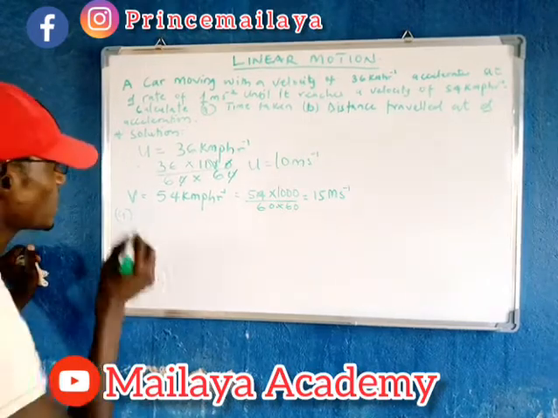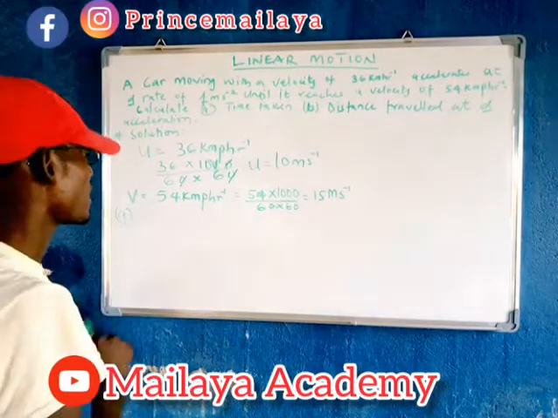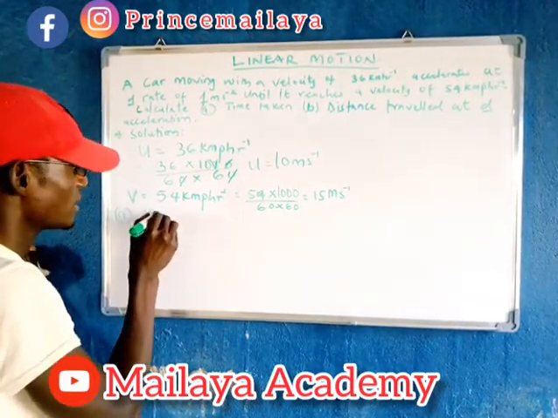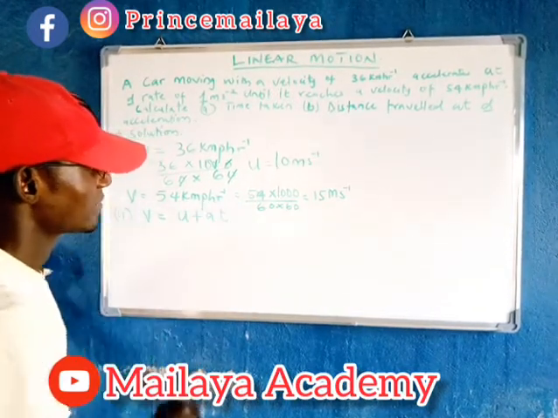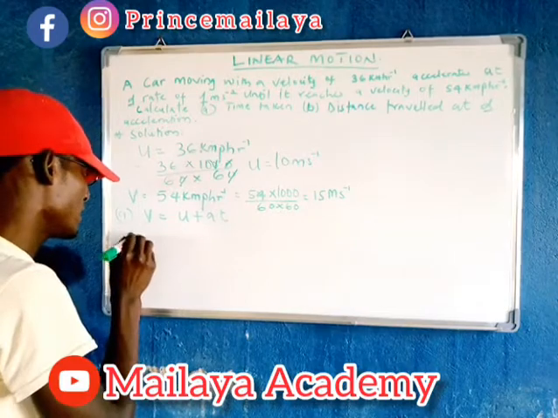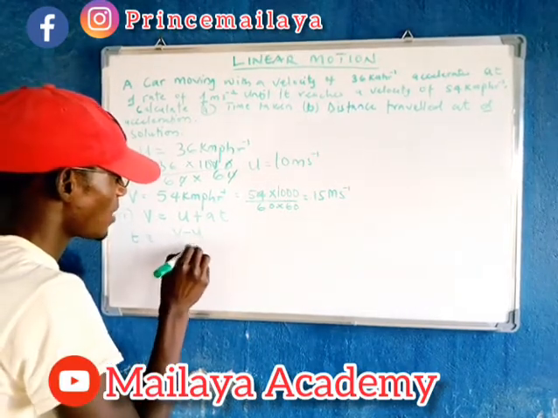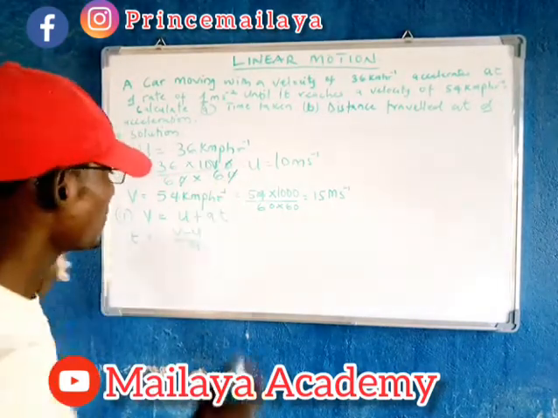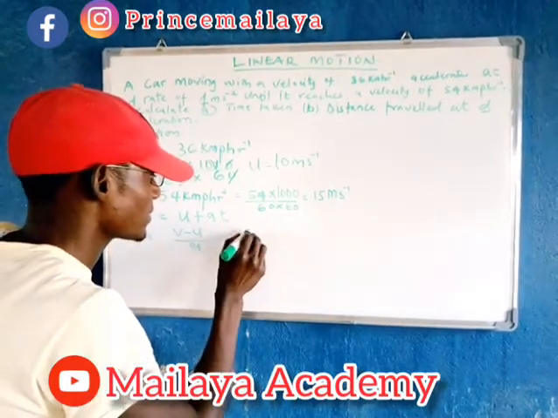Here A, from the first equation of motion, we are required to calculate the time taken, which we will use this equation. v is equals to u plus at, but t is equals to v minus u all over a. Here our u is 10 meter per second, our v is 15 meter per second.